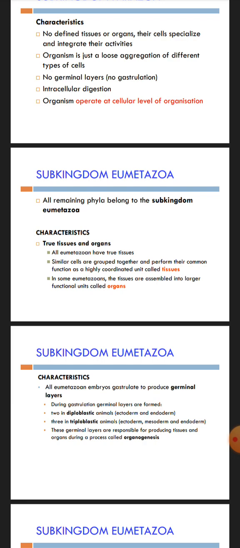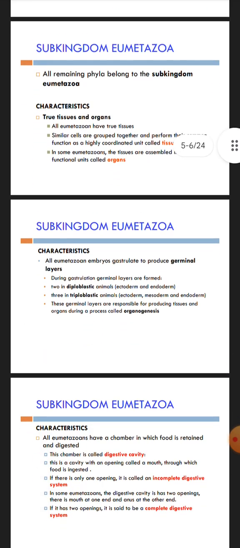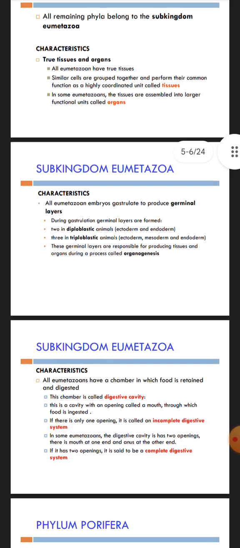So Eumetazoa are the characteristics of true animals which are existing. The reason why we call it true metazoa is because the characteristics of this subkingdom are the same as those of the animals which you are seeing today. Does it make sense? Yes. So these are characteristics of what?